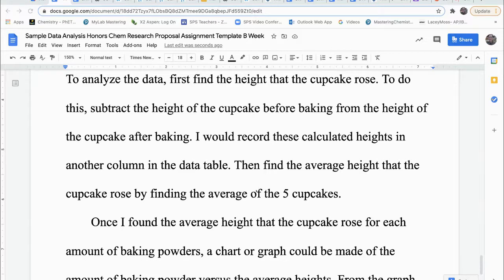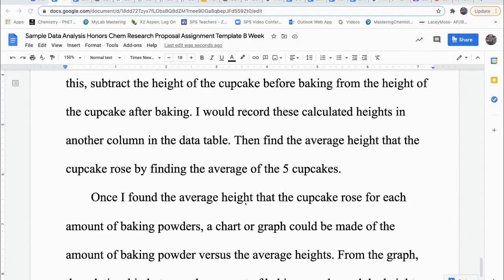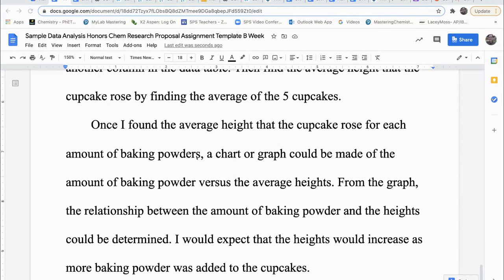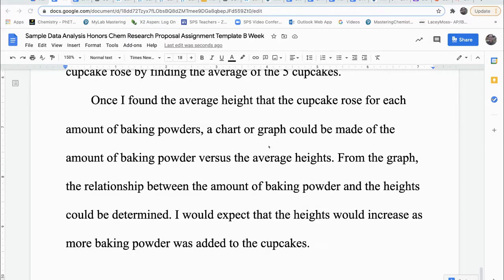Once I do that, I talk about how am I going to relate the amount of baking powder to the actual average heights that the cupcakes rose. And so that typically you'd make some kind of chart or graph. So I talk about the chart or graph that could be made, and then what relationship that I would expect to see from the amount of baking powder and the heights.